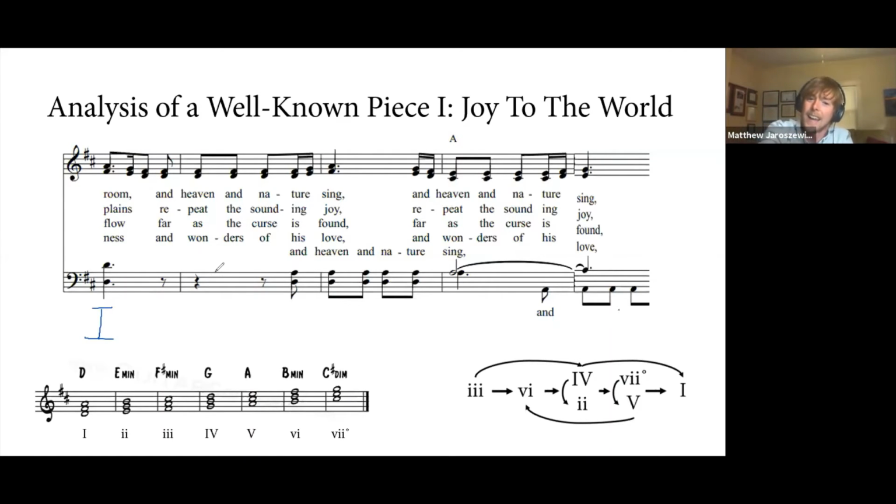Like that. Again, not a ton is going to happen here. We just stay on one here. We have a passing tone here, again just getting us from one voicing of the one chord to another voicing of the one chord through a smooth passing tone.